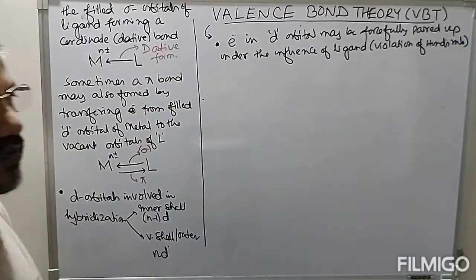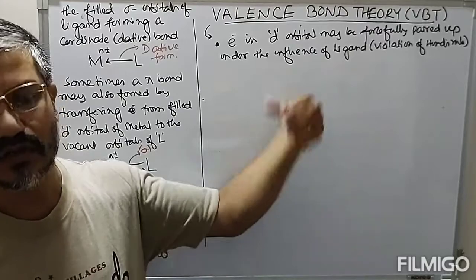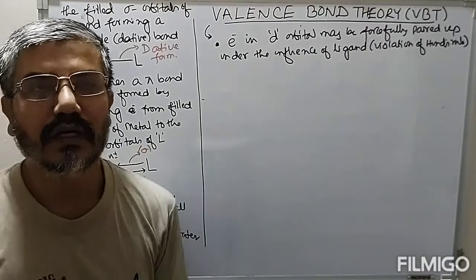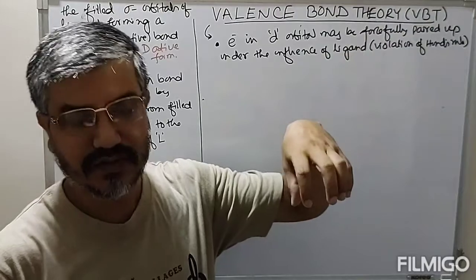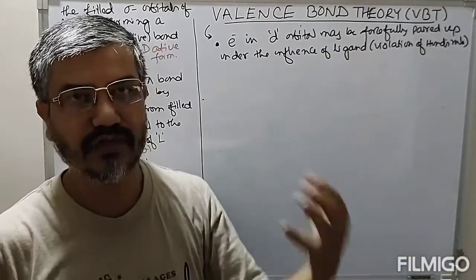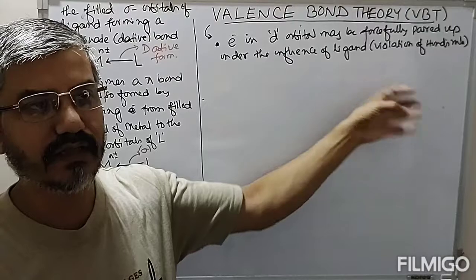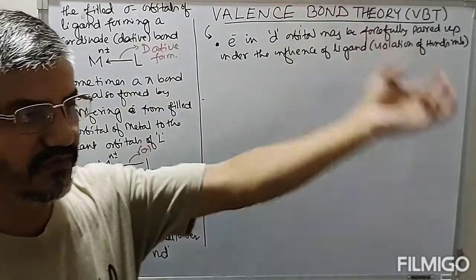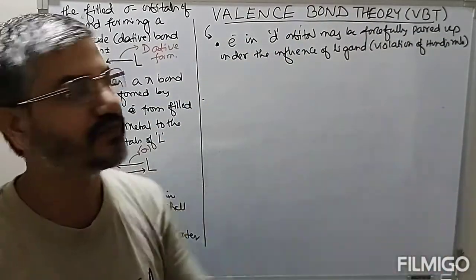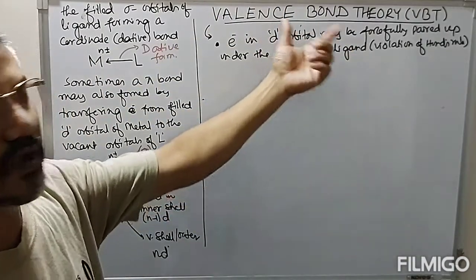That means while writing the electronic configuration in a complex, sometimes the central metal atom in the complex may violate Hund's rule, and that is possible only when we have a strong field ligand, which can exert a strong influence on the central metal atom, and this may forcefully pair up electrons. So electrons may pair up in d orbitals.